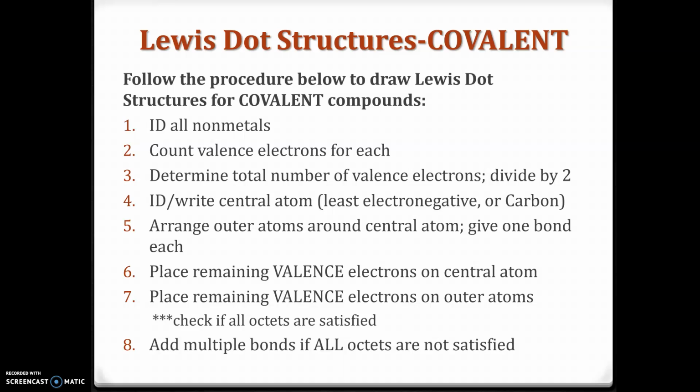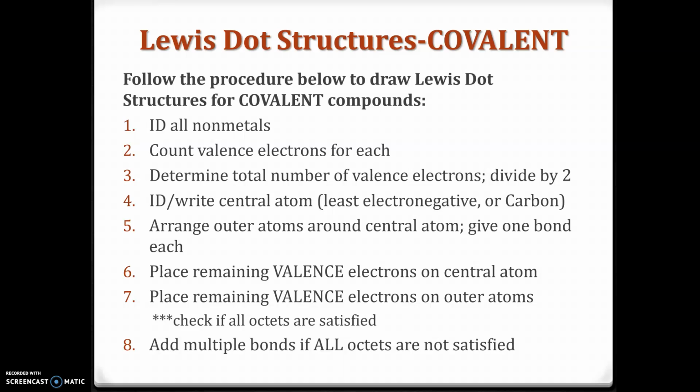At this point, once you've given everybody their valence electrons and represented all of those, you're going to check to see if everybody's octet, remember our magic number is 8, is satisfied by what you've done. If everybody has 8 valence electrons, then you're good and you're done.